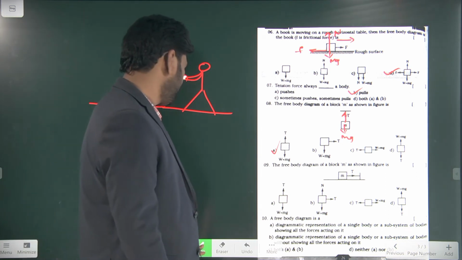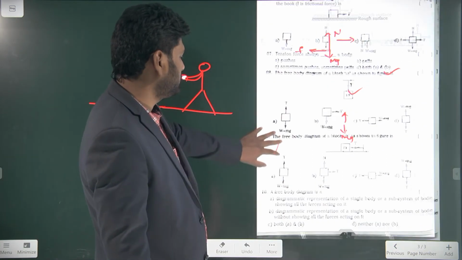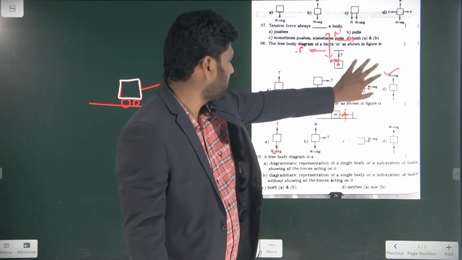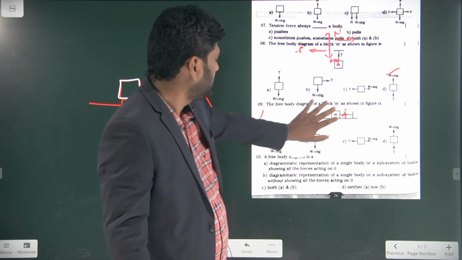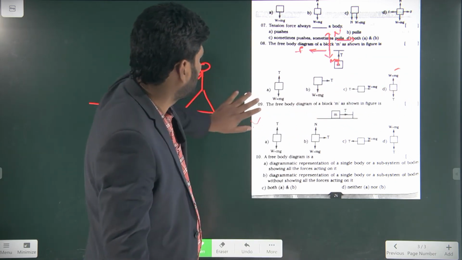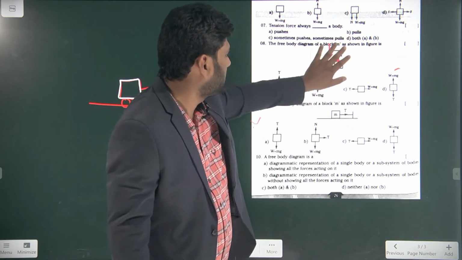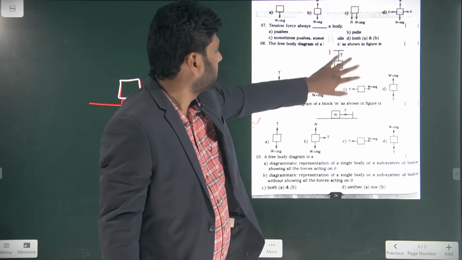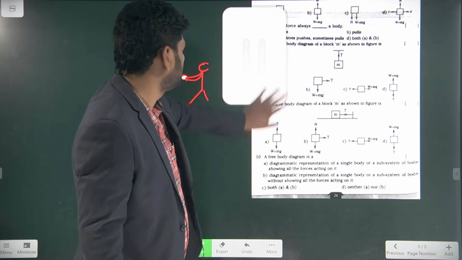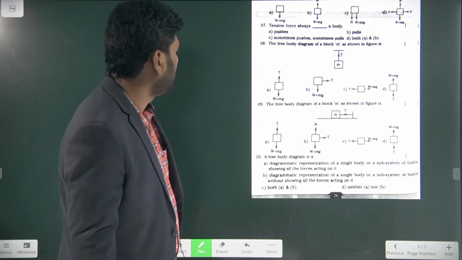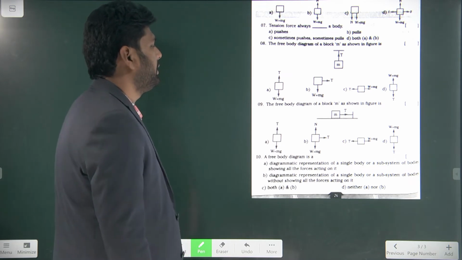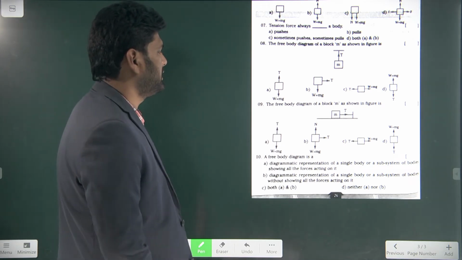Next, same way, tell me the second question. Option B, sir. What is the question here? The free body diagram of the block M as shown in the figure is.